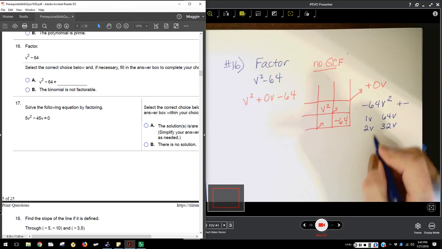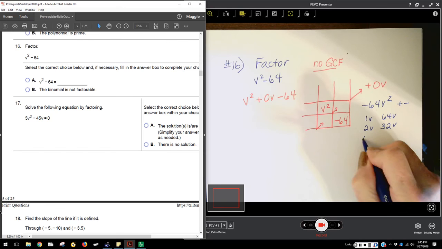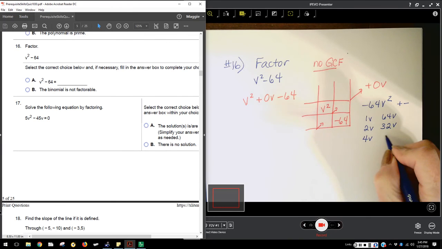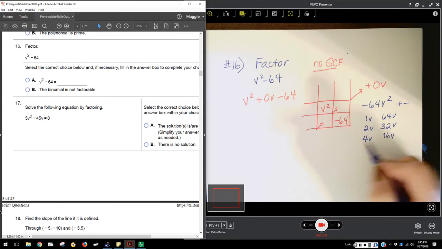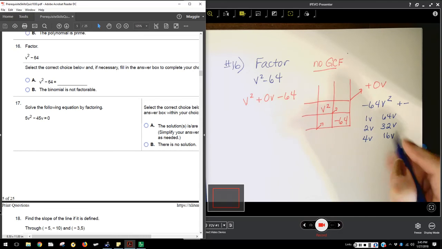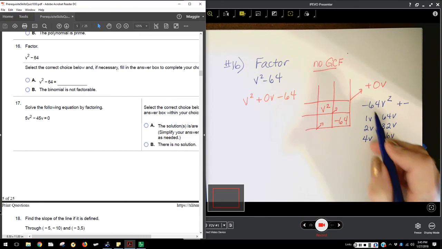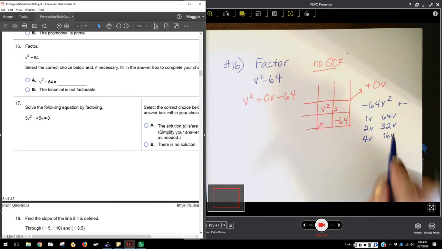You can verify that on your calculator. 4v is multiplied with 16v because 4 times 16 does give us 64, but obviously again does not add up to 0. 5 doesn't work because it doesn't end in 5 or 0. 6 will not work because 3 didn't work. 7 actually doesn't work either, but 8 does.